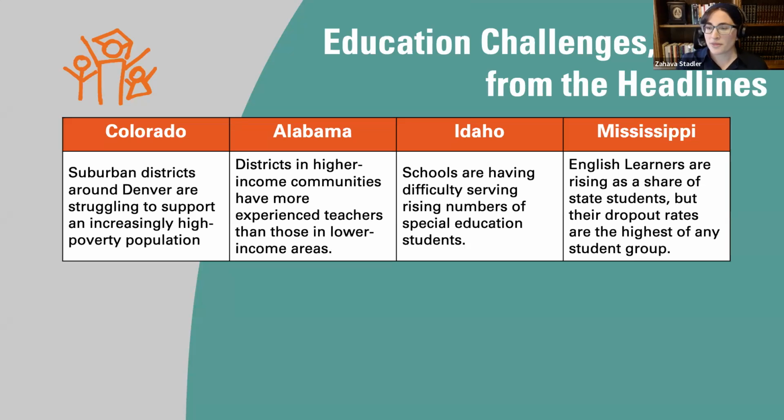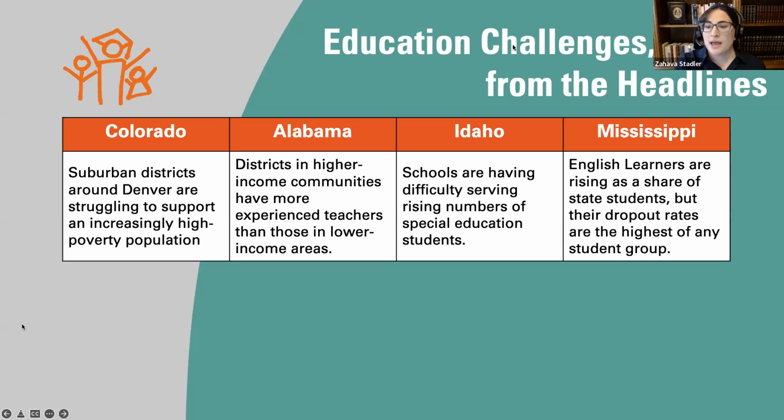All of these four things that you see are genuine challenges that have been reported about schools in these states over the past few years. So what we see here is in Colorado, there have been rising numbers of students from low-income backgrounds enrolled in suburban schools around Denver.